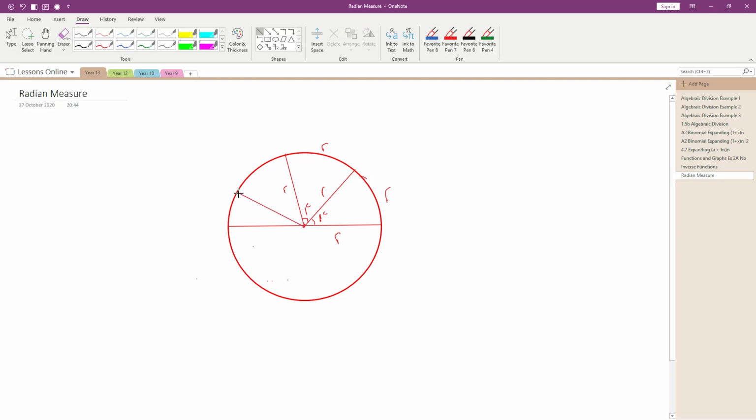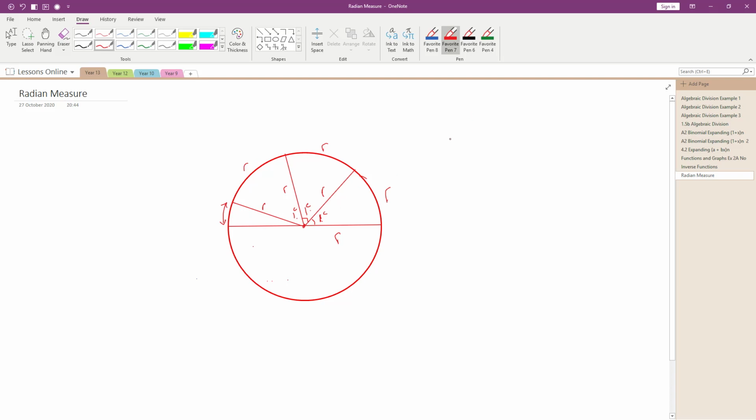So if I put it in there, that's my third radian. So that's the radius there, and there's a bit left over. So that's 1, 2, 3 radians, 1, 2, 3 of them, and a bit.